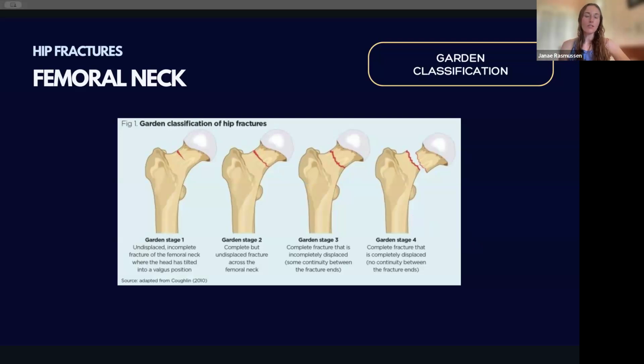Typically in your Garden type 4, this is going to be in your elderly patients, because they get such poor blood supply and can get things like avascular necrosis, so we're typically going to be doing a total hip replacement or hemiarthroplasty, depending on the age and activity level of the patient. In a really young patient, like a 36-year-old male in a motorcycle accident with a Garden 4, oftentimes most orthopedic surgeons are still going to try open reduction internal fixation.